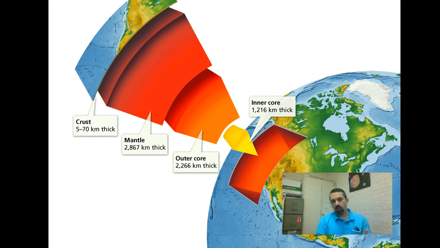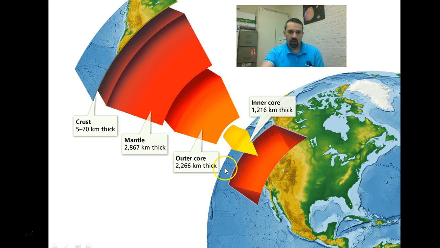The mantle is the thickest part, around 2,900 kilometers thick. That's also where the majority of Earth's energy is stored. All right, and then you have the outer core, which is almost as big as the mantle. It's 2,200 kilometers thick, almost 2,300, and then the inner core, which is 1,200 kilometers thick.